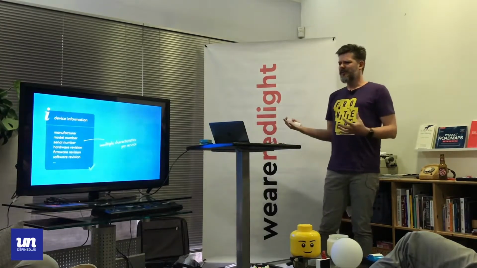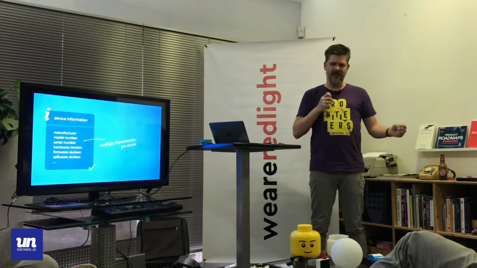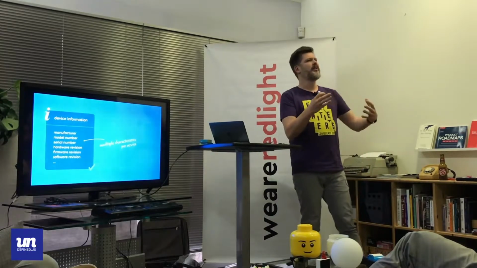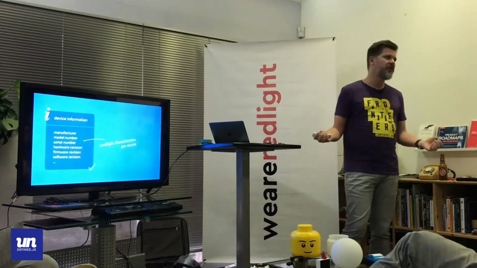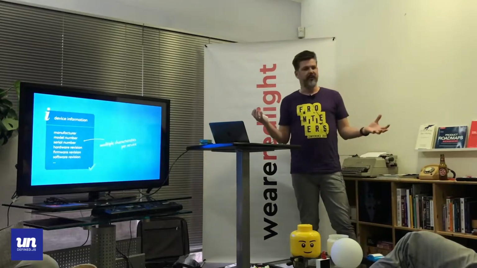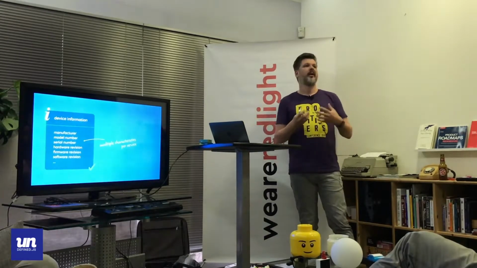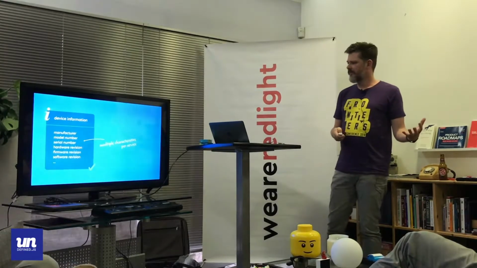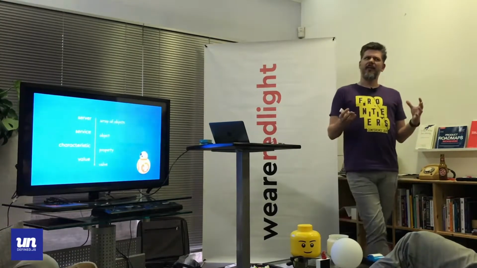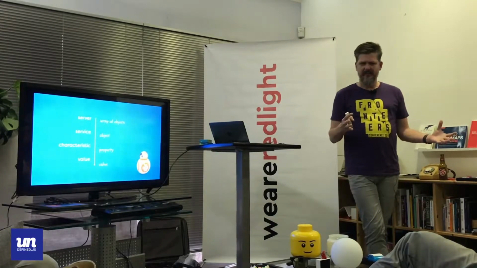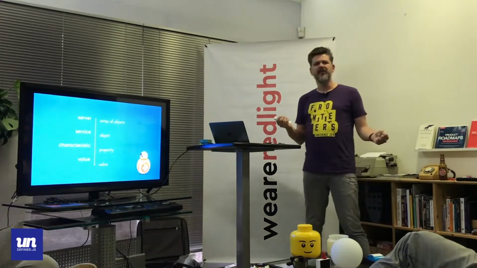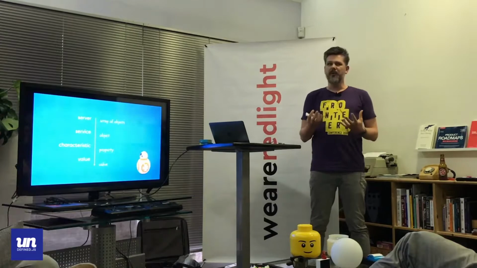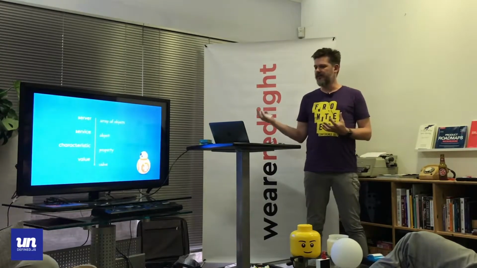So a service has characteristics. Like device information has things like manufacturer, model number, serial number, hardware revisions, and so on. You can have multiple characteristics per service. So you can think of it kind of like this. The server is like an array of objects. The service is an object in that array.